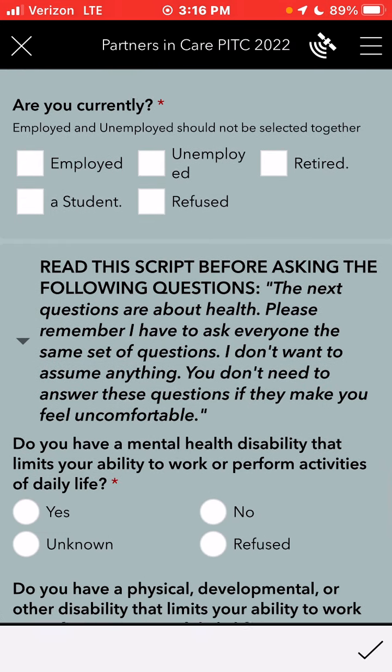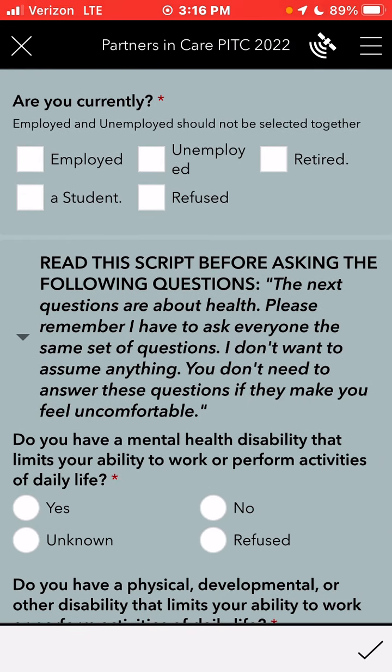Moving on, it will ask, are you currently employed, unemployed, retired, or a student? You can check all that apply. However, please do not check employed and unemployed at the same time, as those cancel each other out.